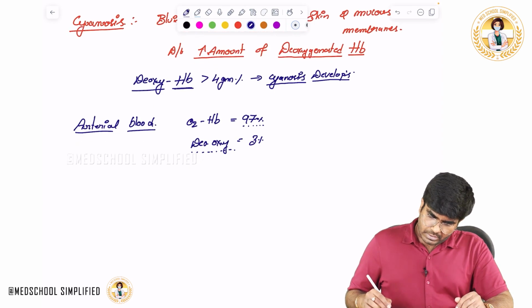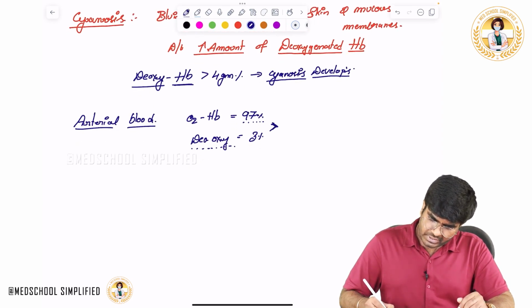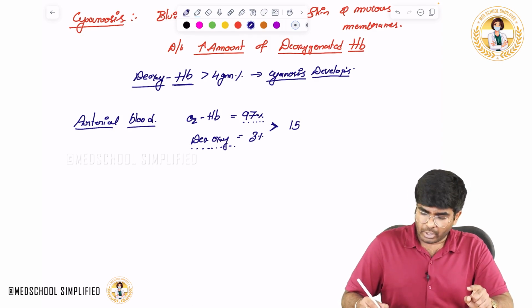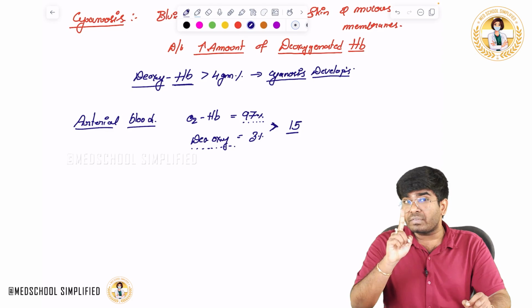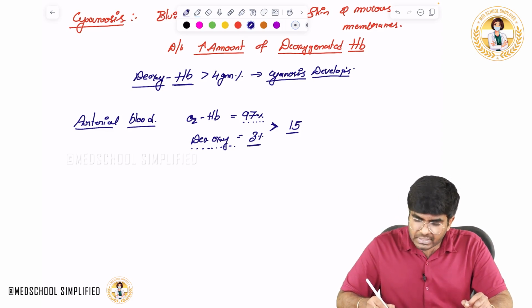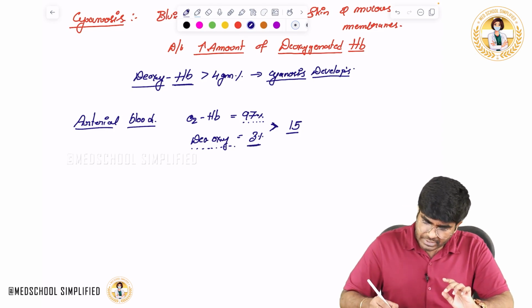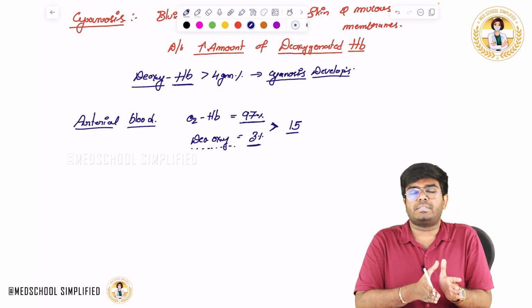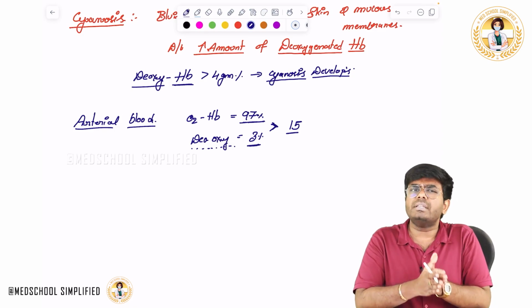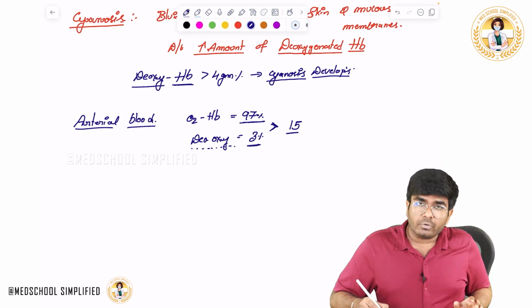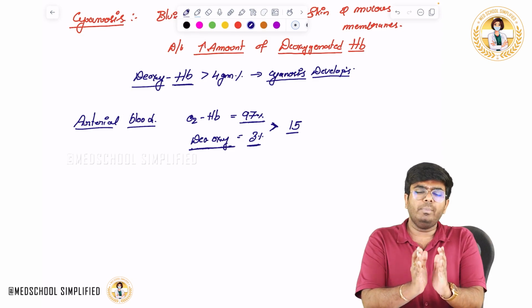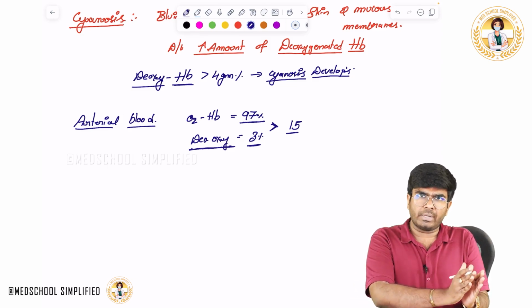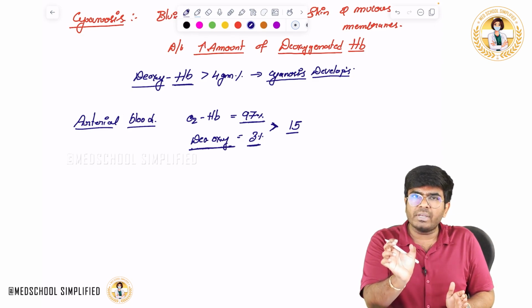Now, for example, in 100 ml of arterial blood, how much hemoglobin is there? 15 grams of hemoglobin. Out of this 15 grams, 97% is oxygenated, 3% is deoxygenated. To calculate how much deoxygenated hemoglobin is there: 15 into 3%, that is 0.03.